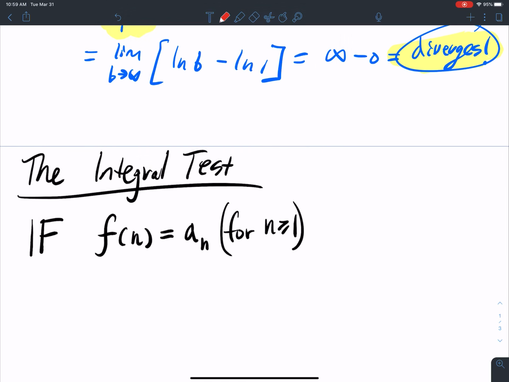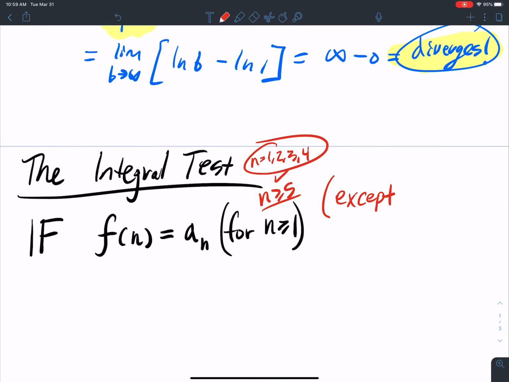If n equal to 1 doesn't work or n equal to 2 doesn't work, and it's just a finite number of them, then we can treat those individually, and then look at from some point on, maybe n greater than or equal to 5, where it works from then on. So you would consider n equal 1, 2, 3, 4 as individual cases, and then write it up from n greater than or equal to 5. Okay, so except maybe a finite number of terms.